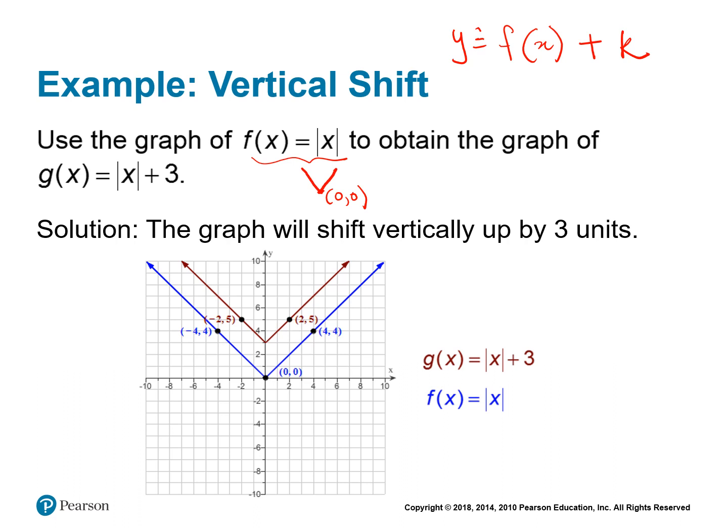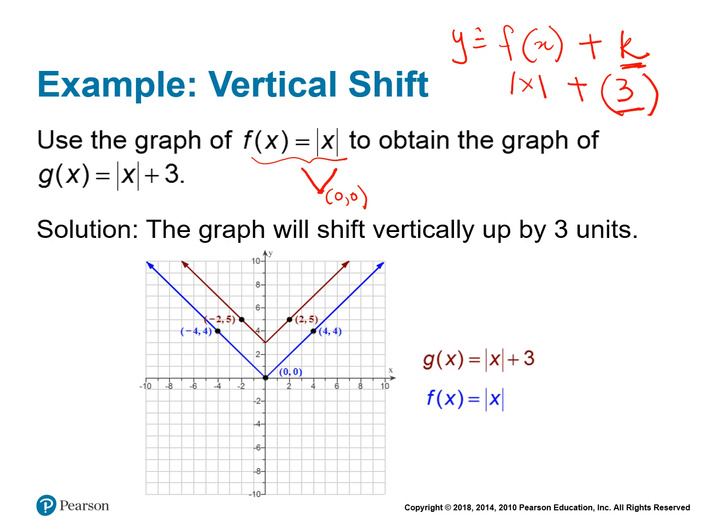So we've transformed this to absolute value of x plus 3. Again, the form being f of x plus k. So what is the value of k here? K is 3, which means the graph of absolute value of x plus 3 is going to move up 3 units from the original function's graph.